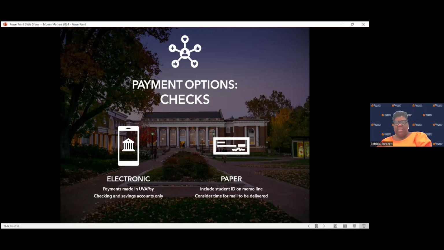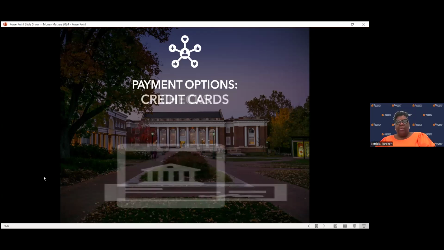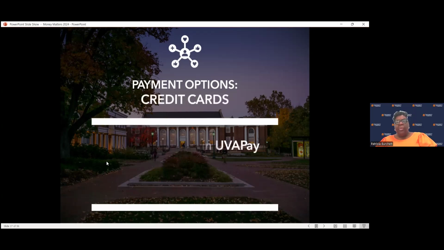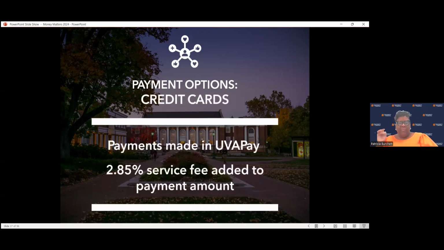And with the credit cards, I wanted to let you know that we accept Visa, Mastercard, American Express and Discover. There is a 2.85 percent service fee associated with using your credit cards as a payment option.